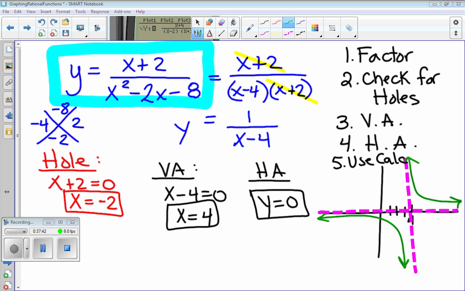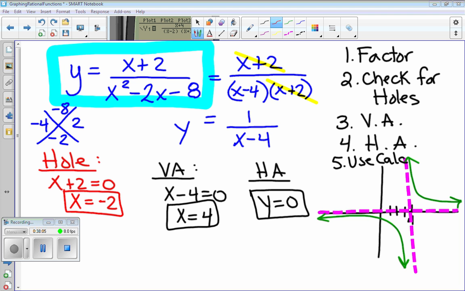Once you have this, you need to be careful because we're not finished. Because we had a hole. We had a hole at x equals -2. We have to go back and put the hole in the graph. I tend to use a different color, but you can use whatever you want. If you want to switch colors with someone at your table, feel free. Otherwise, it's fine to use the same one.